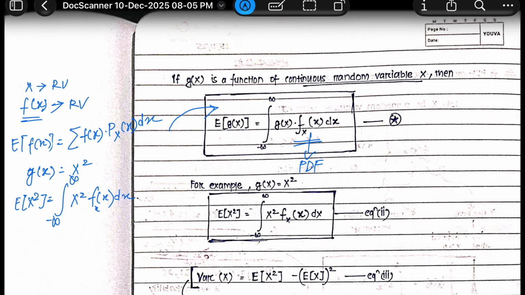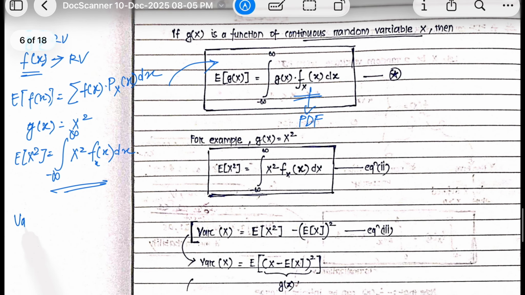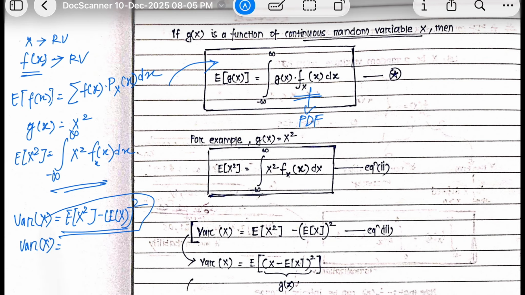Okay, so when you get the value, you need to do the following. The variance is nothing but the expectation of x square minus the expectation of x whole square. So variance can also be written as, if you remember, this is the second proof we have done.